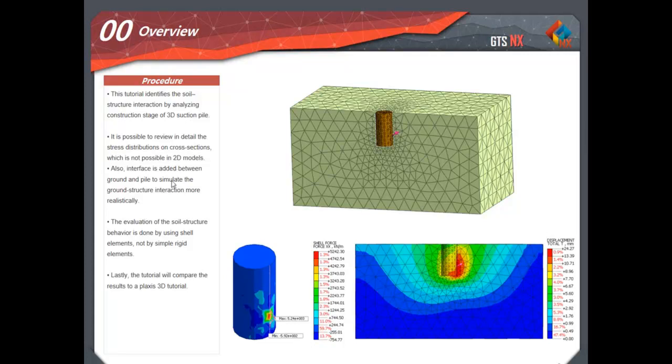Other things we'll be looking at today will be the use of interface elements, the use of undrained conditions for the clay, as well as the use of structural elements like shell for these hollow suction piles. And lastly, we'll be comparing results directly with this well-known Plaxis 3D tutorial.